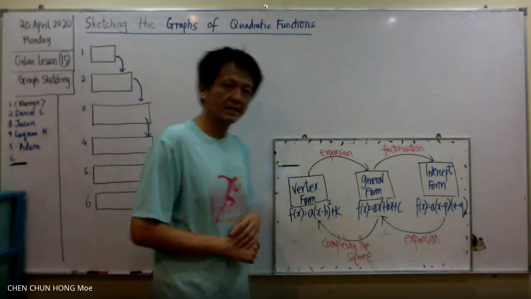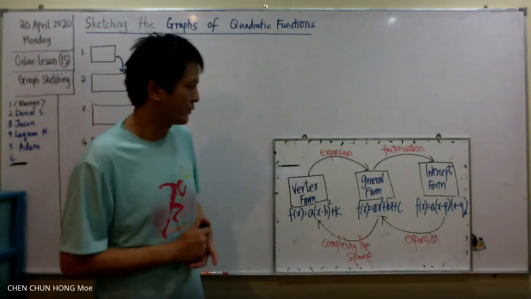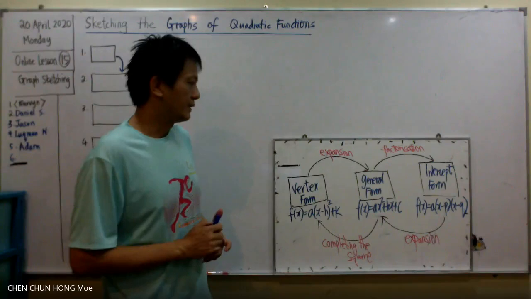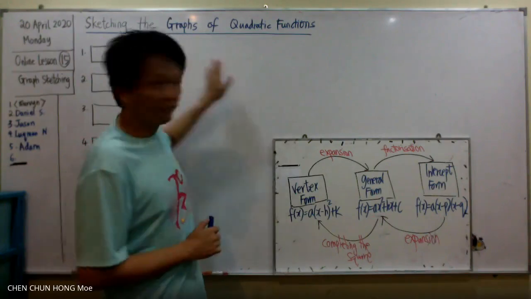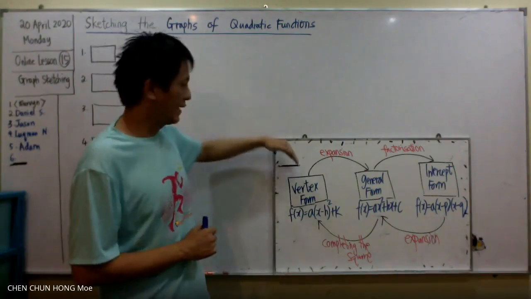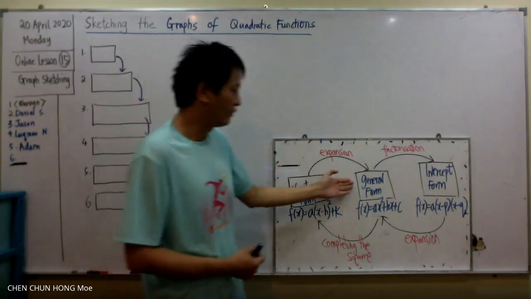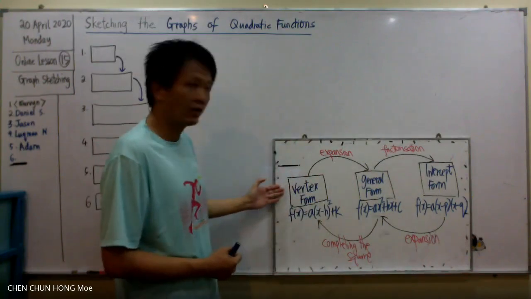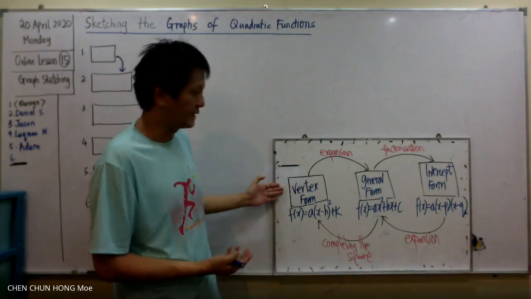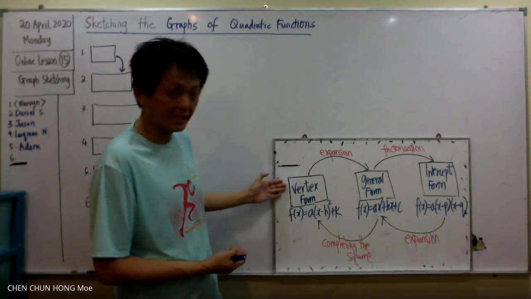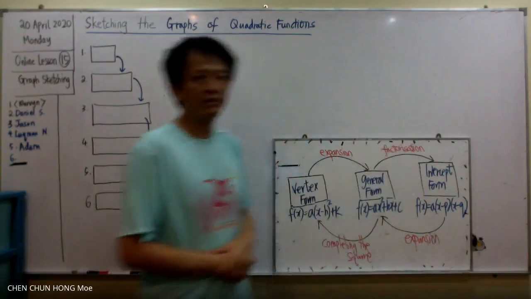Remember this chart is one very important chart. The issue now is the function given can be in any form. It can be in general form, can be in vertex form, which if this is the case, we are lucky, and it can be in intercept form.